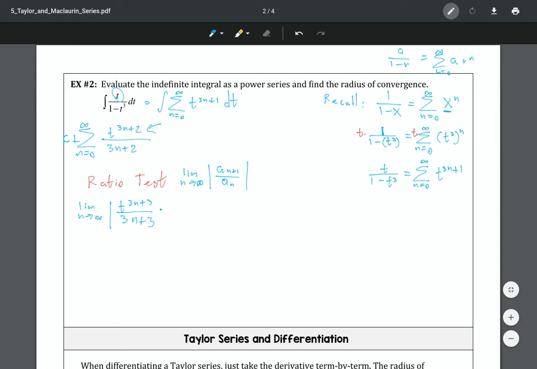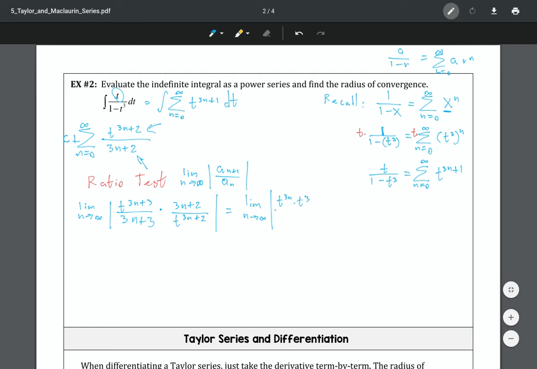And then when I divide by exactly this function right here, I'm going to keep, change, flip, and this is going to end up on top, and this is going to end up on bottom. Let's see. So we'll have to do a little bit of math, just like I've talked about before. We can split this up into t to the power of 3n times t cubed.